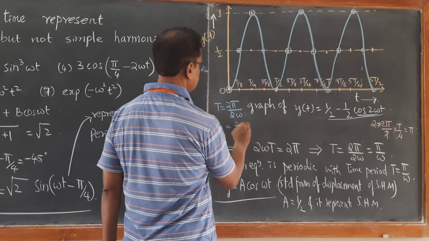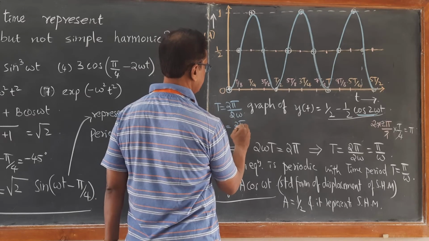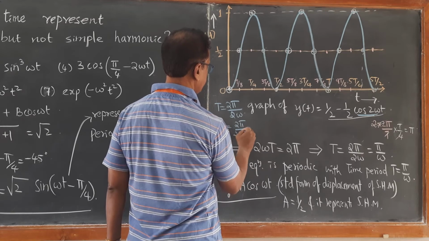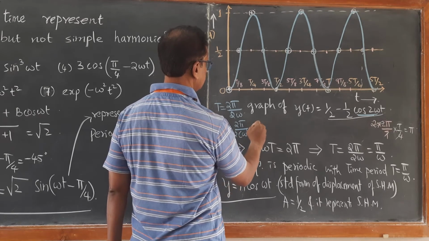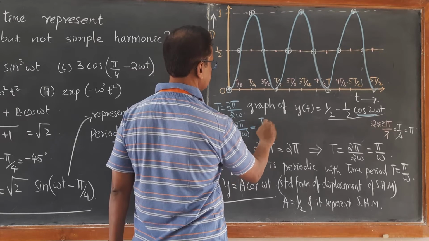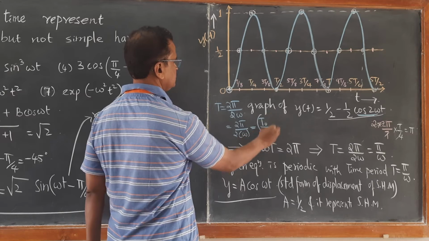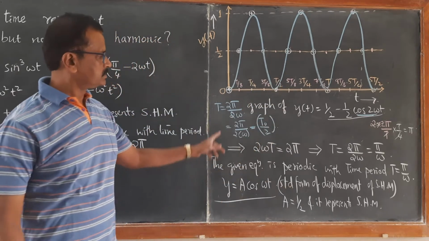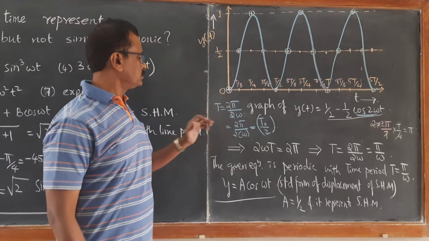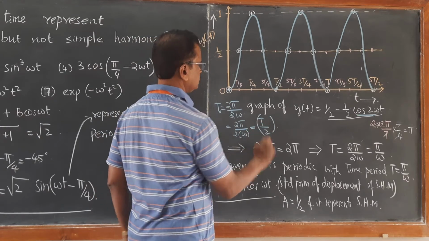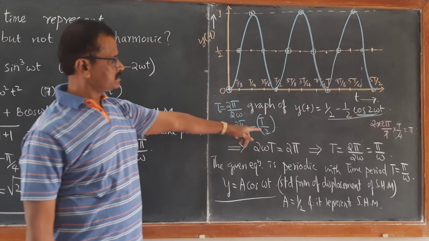So this is 2 pi by 2 into omega. So compared to earlier, it is T naught by 2. So it repeats the same value exactly at T by 2. So this is the time period T naught by 2. Or you can just write T naught equal to T by 2. This is better. So the time period of this oscillation is T naught by 2.